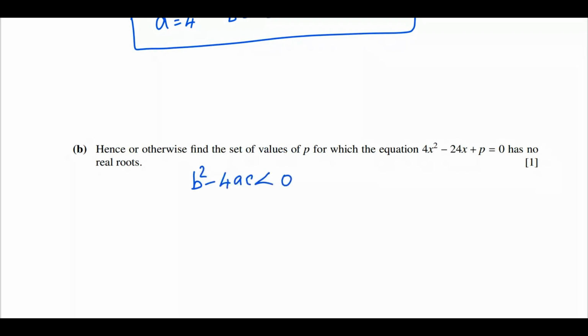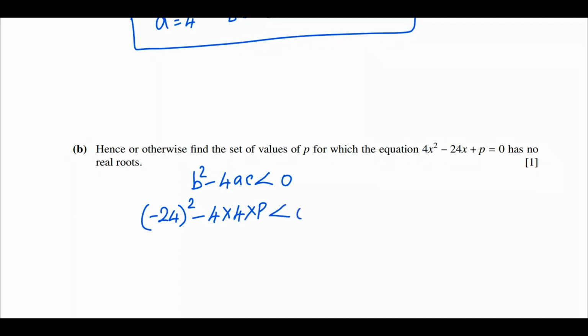Here b is negative 24. Negative 24 square minus 4 multiplied by a is 4 and c is p. This is less than 0.